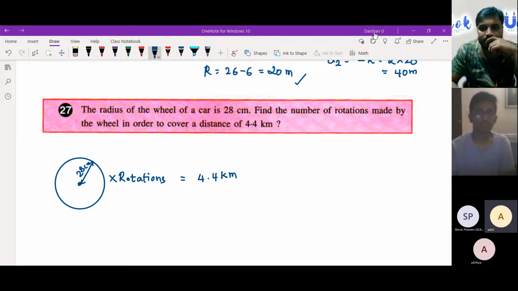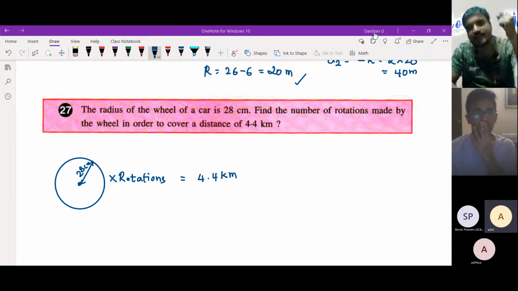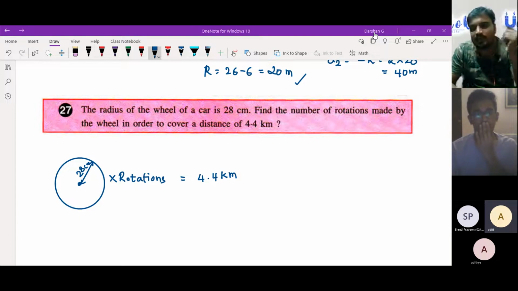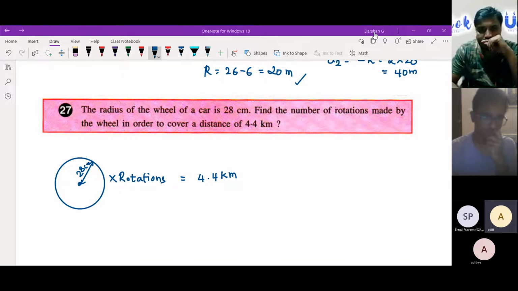Manoj, any idea? Would we take the circumference and divide it by the distance, or should it be the other way around? You should divide the distance by the circumference of the circle. Okay, come on, try it.